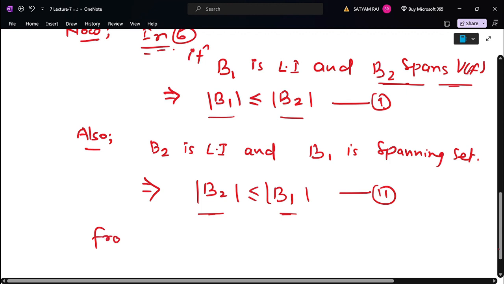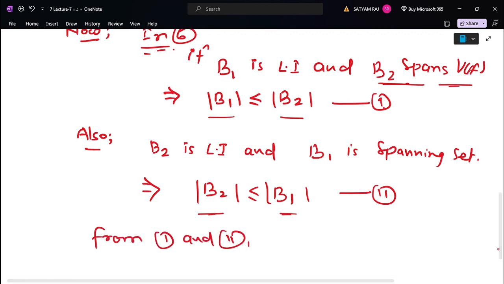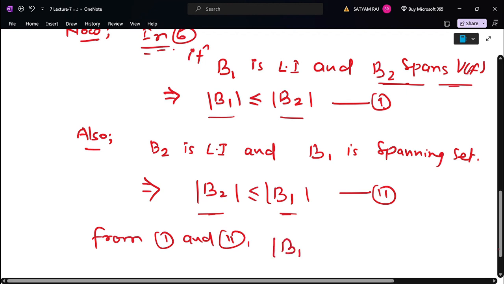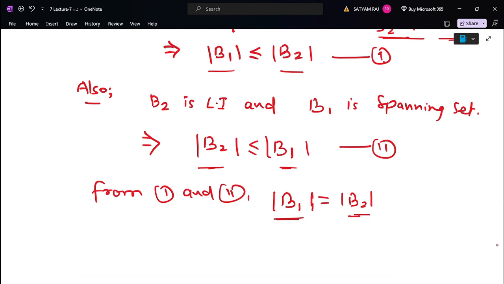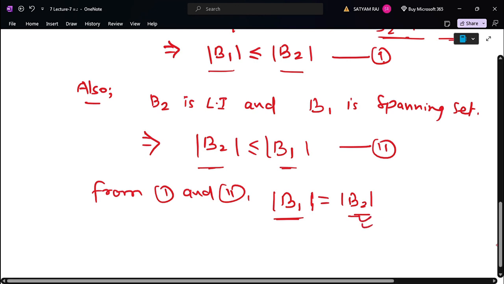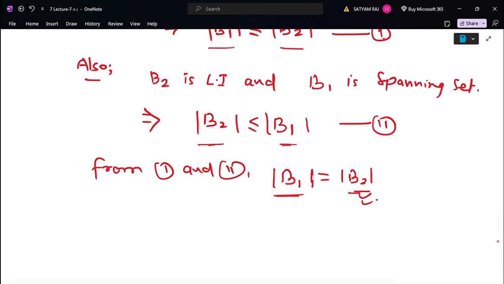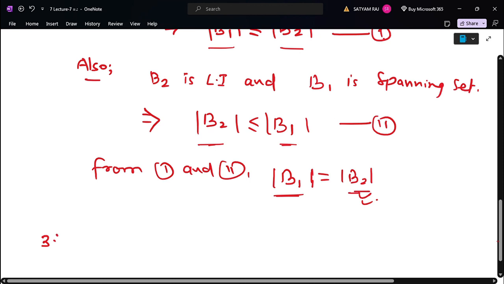So from 1 and 2, what we get? The cardinality of B1 will be equal to the cardinality of B2. And so what we proved? We have taken any two bases and proved that the number of vectors in both the bases will be the same.